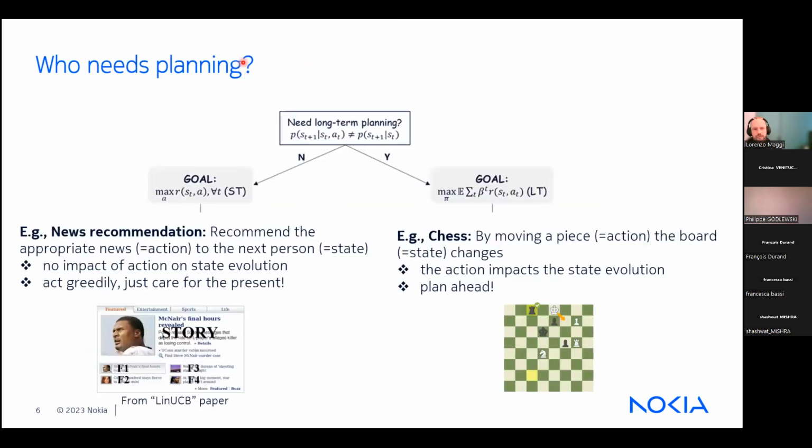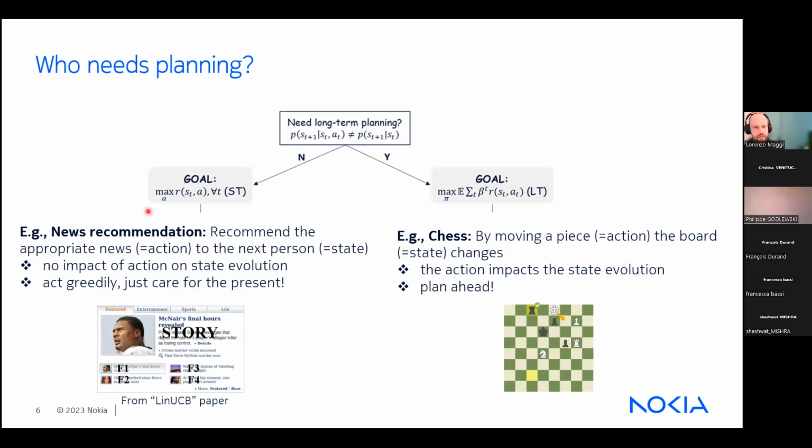Well, it depends mainly on whether the probability of transition depends on our action or not, right? So if our action actually has an impact on how the state evolves, then definitely we should care for planning, but otherwise, not. And there are basically two main examples for this.